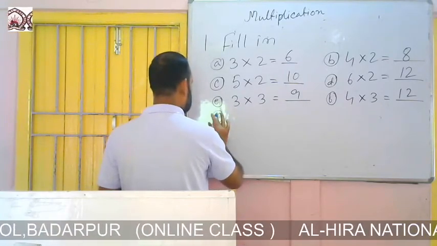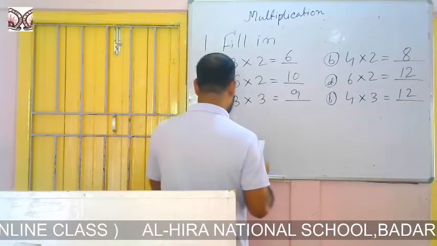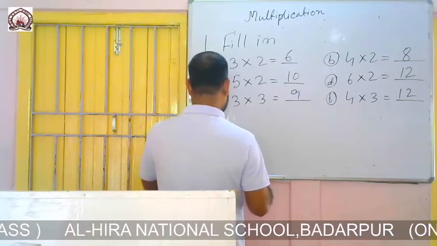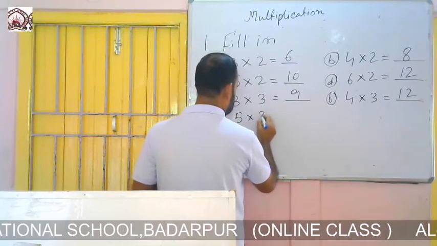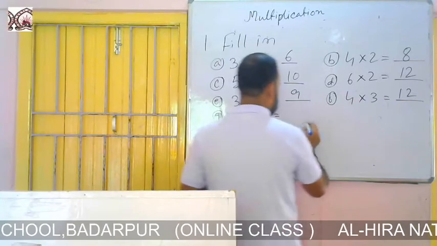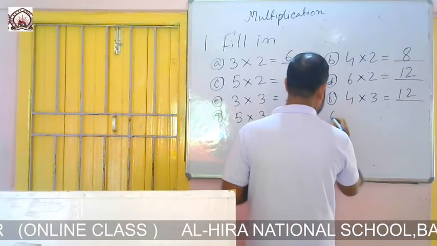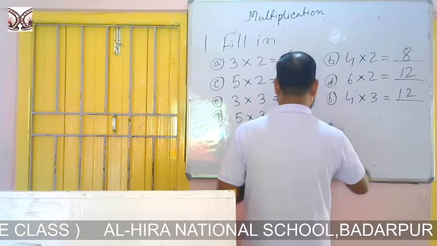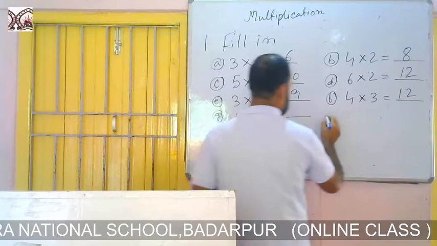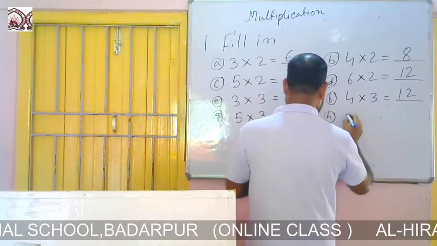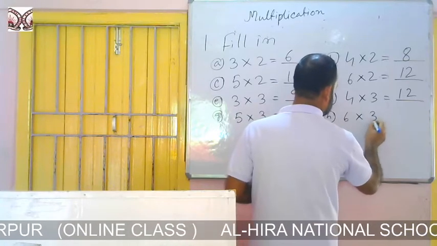G, 5 into 3. 5 3s are dash. Next, H, 6 into 3.